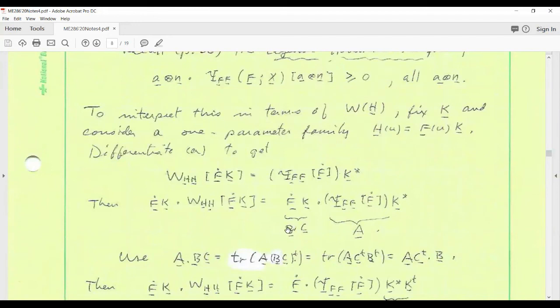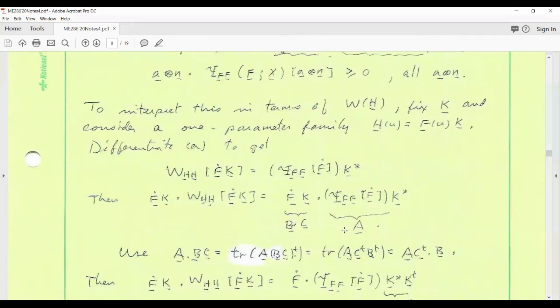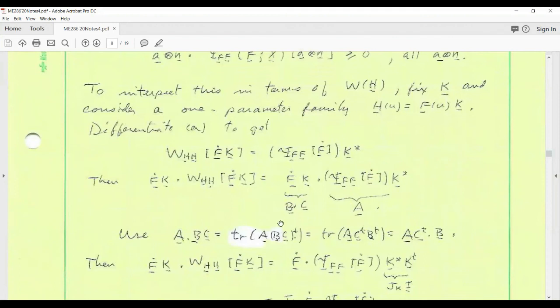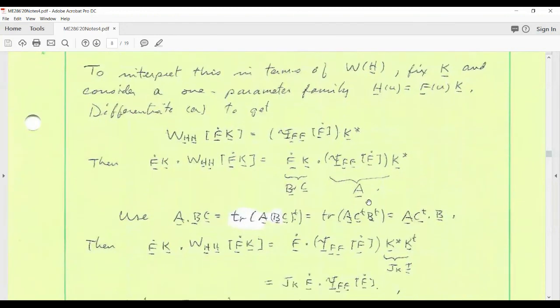So the structure of this equation is BC dot A. That's the same as A dot BC because the dot commutes. In the trace definition, that's trace of A times the transpose of BC, which is C transpose B transpose. And that's the same as A C transpose inner product B.